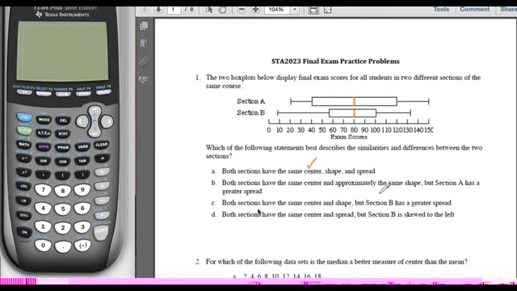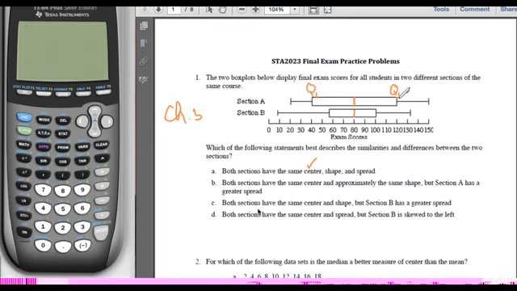Now, there were two ways to measure spread, and we saw problems like this back in chapter 3. You could use the standard deviation if you had symmetric data, or you could use the IQR if you had skewed data. Box plots give us the IQR. Recall that the IQR is Q3, which is where the box ends, minus Q1, which is where the box begins.